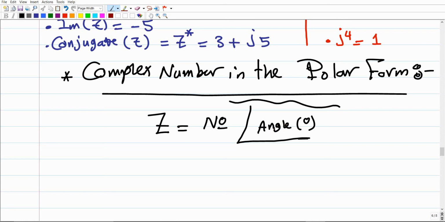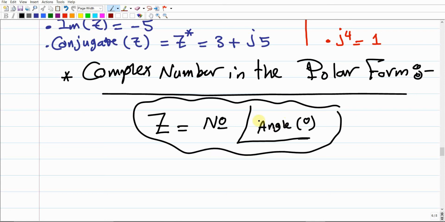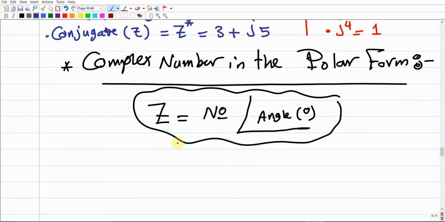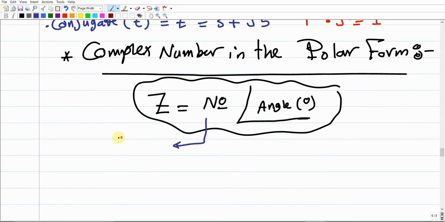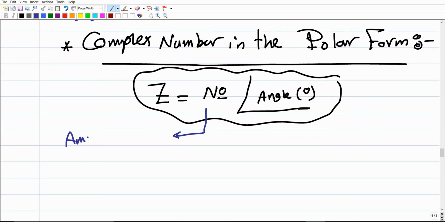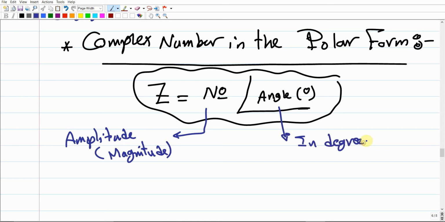So this is z, where this number indicates the magnitude, or the amplitude, of this complex number, and definitely this is going to be the angle, and this angle should be in degrees, as we said.